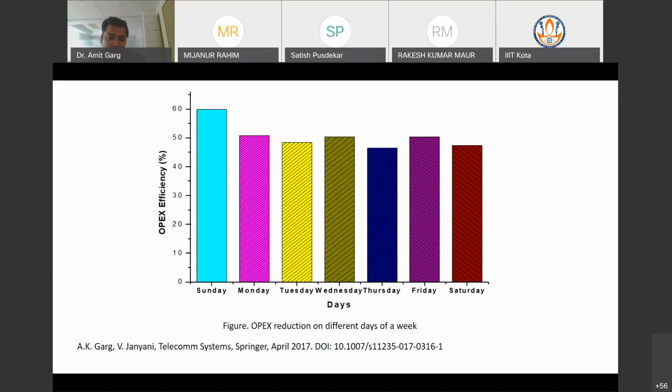At the same time, if we are transmitting the data at 10 Gbps, then we need to transmit at higher bandwidth rather than the lower bandwidth, that is 1 Gbps. So bandwidth and energy consumption affect this OPEX efficiency. If we are saving the bandwidth as well as the energy consumption, then definitely we are saving the operational cost also. Okay, so it is the same.